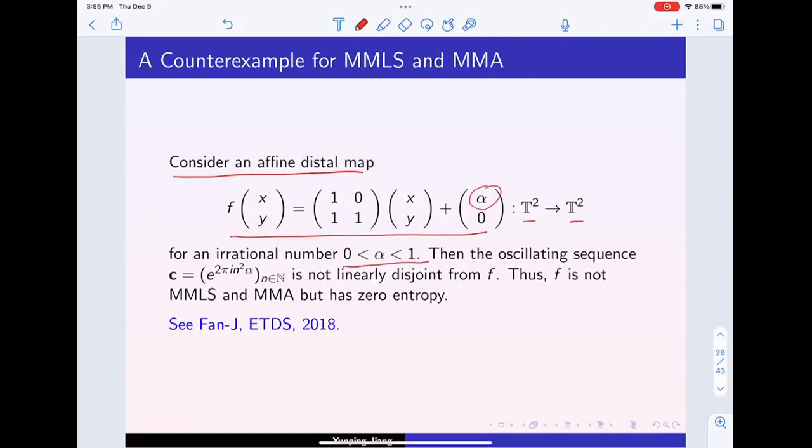Remember, I just mentioned this one is an oscillating sequence. But this one is not linearly disjoint from this flow. That implies this one is not MMS and MMA, but it still has zero entropy. It has zero entropy, but it's not MMS and MMA.